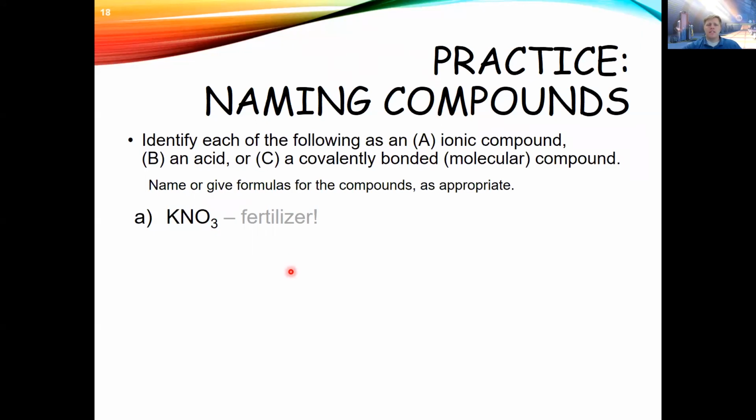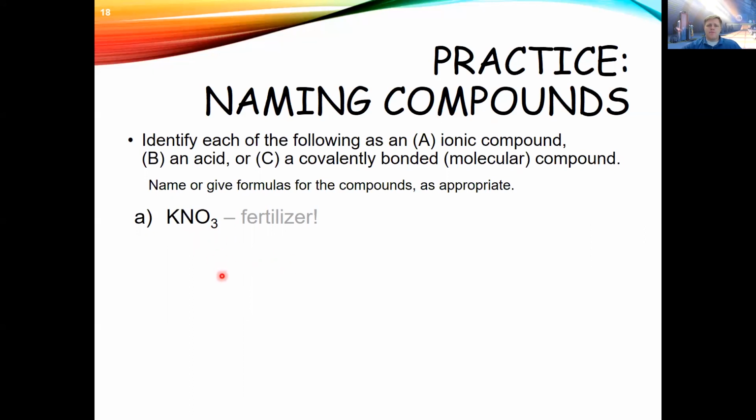And a lot of that is just going to come from memorization and practice. But in this species, KNO3, I want you to tell me whether this is A, an ionic compound, B, an acid, or C, a covalently bonded compound. And after you identify that, I can give you the name. So go ahead and try and figure that out.